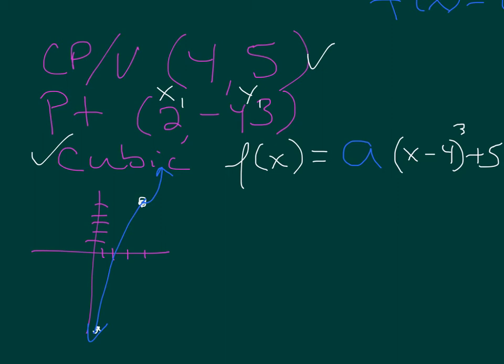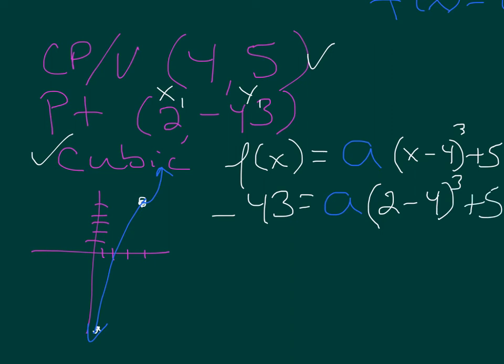If I rewrite this equation, I get negative 43, that's my y1, equals a, which I still don't know, times my x1 value: 2 minus 4, cubed, plus 5.